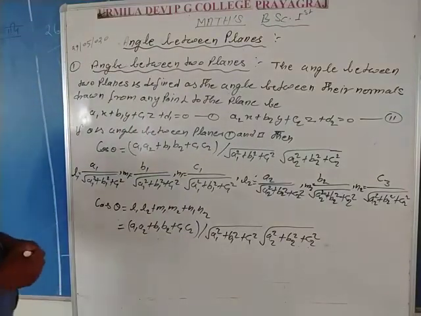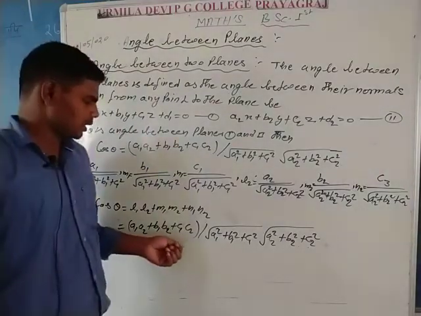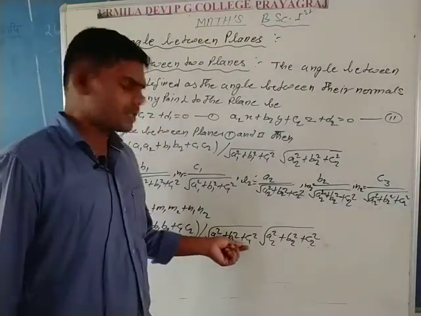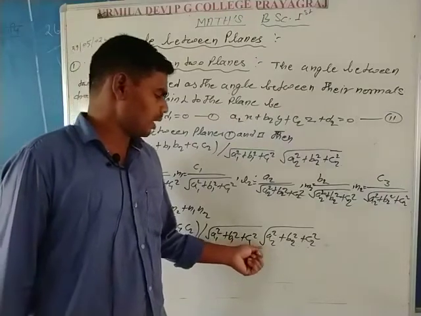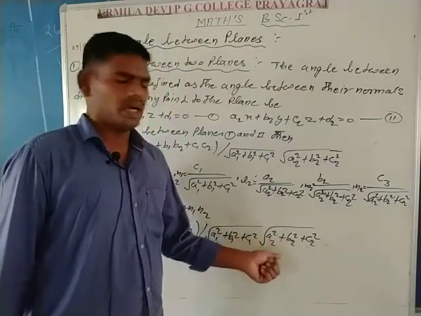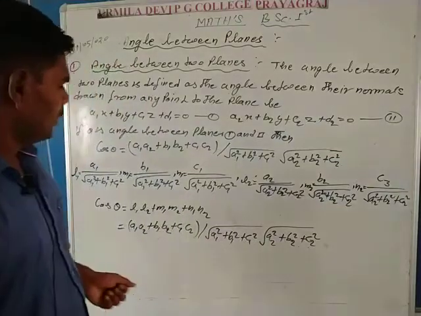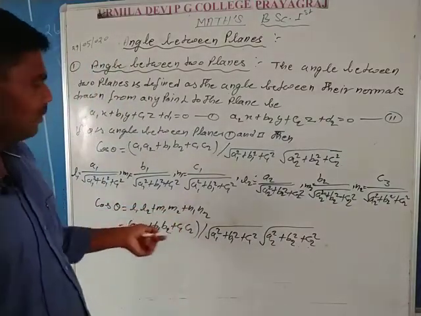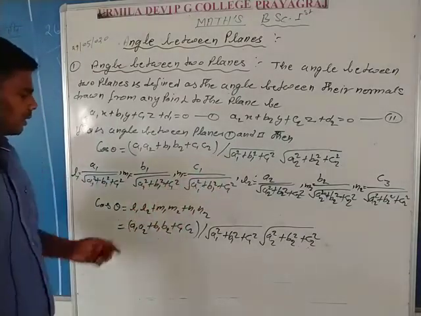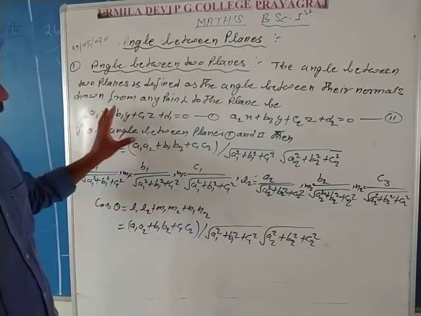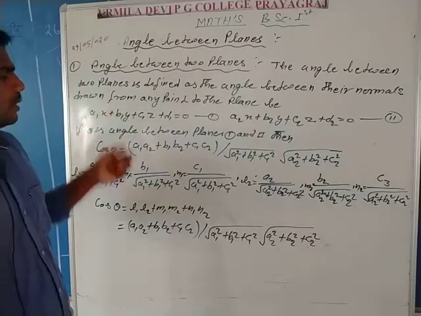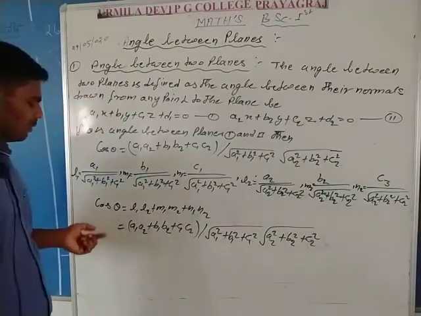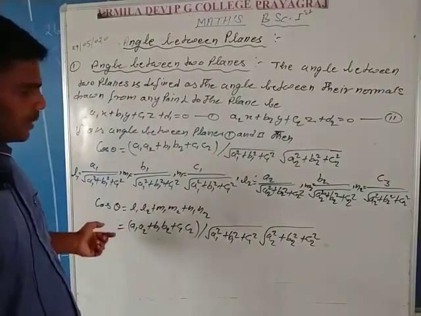Putting the values of l1, l2, m1, m2, n1, n2 from these equations, the angle between the normal of the first plane and the normal of the second plane is given by cos theta, which is simplified like this.